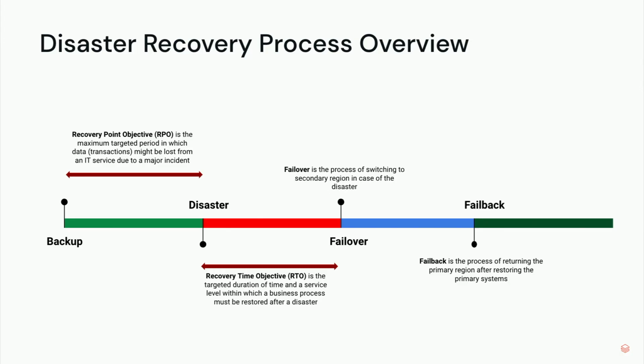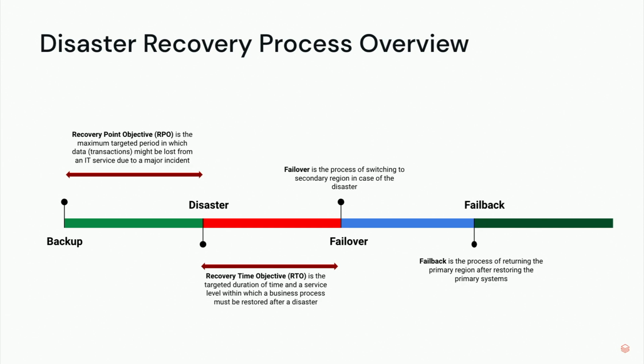So the time between the backup and when the disaster occurs, we call the recovery point objective, which defines, depending on the strategy that you choose, how much data loss you are okay to have in your business. Normally RPO should be lower, because we should not have a lot of data loss, as that will adversely affect your business.